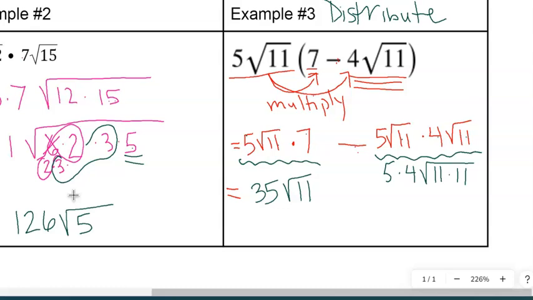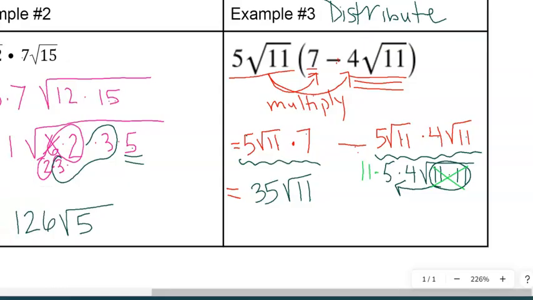It's a square root, so we want doubles, and I happen to have a double. So what does that mean? That means we're going to have an 11 on the outside, and nothing's going to be left on the inside. So this term actually will not have a radical on it.